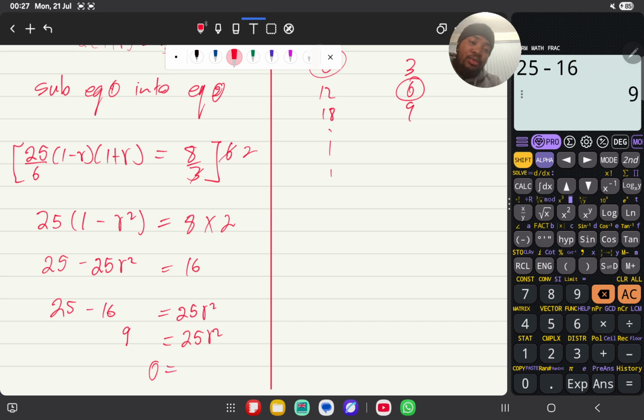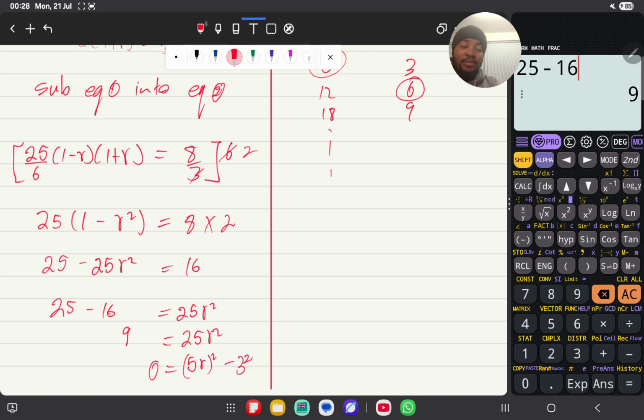Here I can just put square root both sides, or perhaps I could divide by 25 both sides and then put a square root both sides. That will still be fine, right? But I saw something interesting here, 5r squared, because 5 squared is 25, r squared minus 9, but 9, let me just say that is 3 squared.